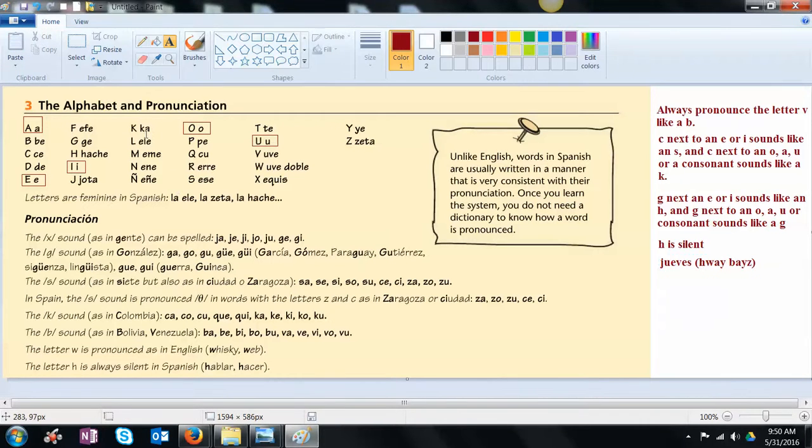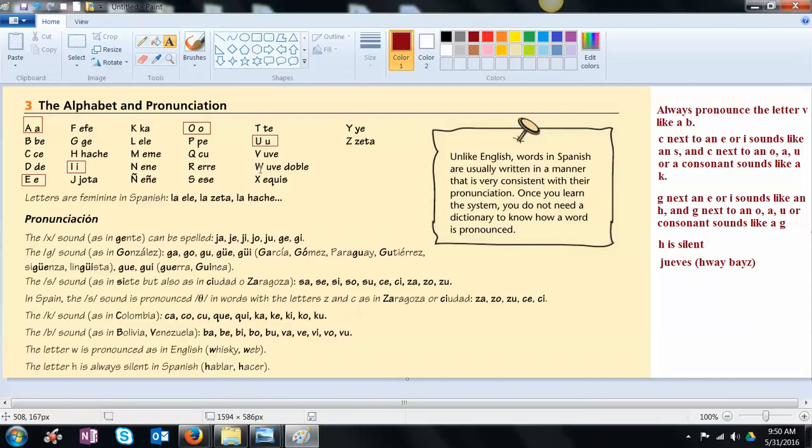K and W are often used just in words of foreign origin, like karate, kinder, whiskey. So most of the times when you hear the K sound, you're going to be using the C, like in cinco, you hear the K sound, you use a C, or a QU, and we'll get to the QU in just a minute.